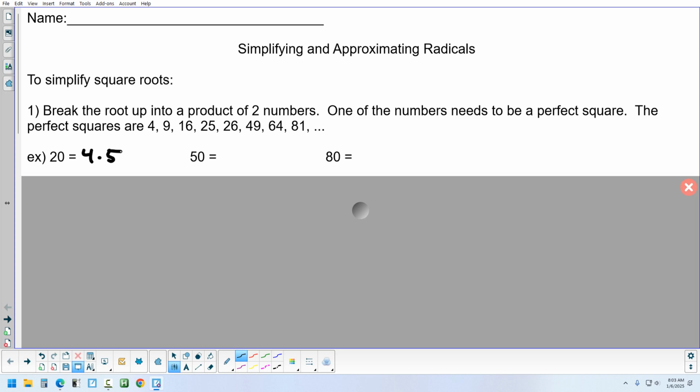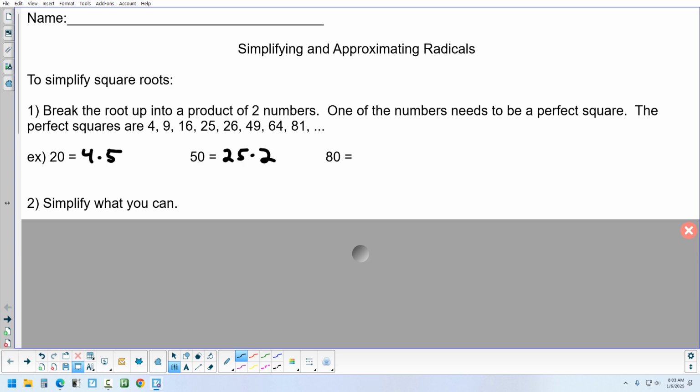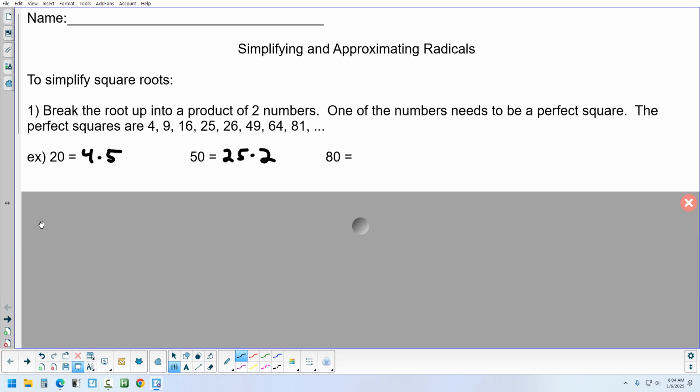No. And those numbers aren't in that list. So we've got to find two numbers that multiply to give you 50, and one of the numbers has to be in that list. They both won't be in the list, but one of them will. Yep, 25 and 2. So when we start to simplify that square root, which we're going to do in the next step, that's going to be our first thing we do.